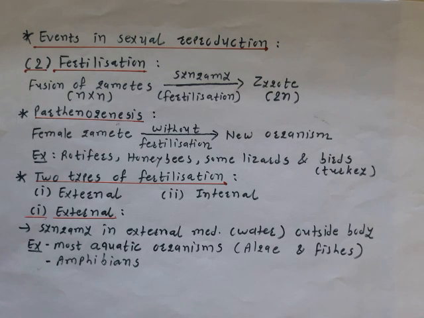Here, fertilization or syngamy takes place in an external medium like water, outside of the body. Which types of organisms show this external fertilization? Mostly aquatic organisms like algae, fishes and amphibia show the external type of fertilization.